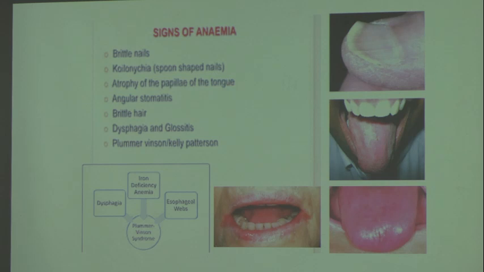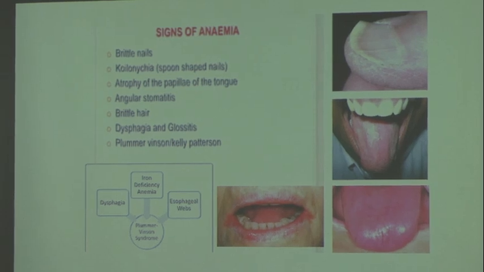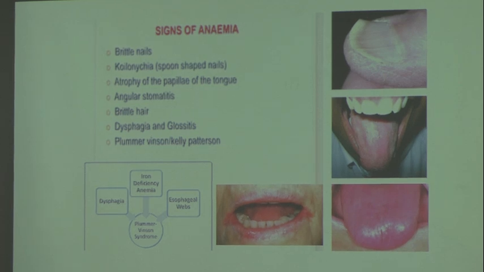Usually our tongue is rough because of the presence of papillae, taste buds. But because of long-standing anemia, it may become smooth and red. This is because of atrophy of the papillae.